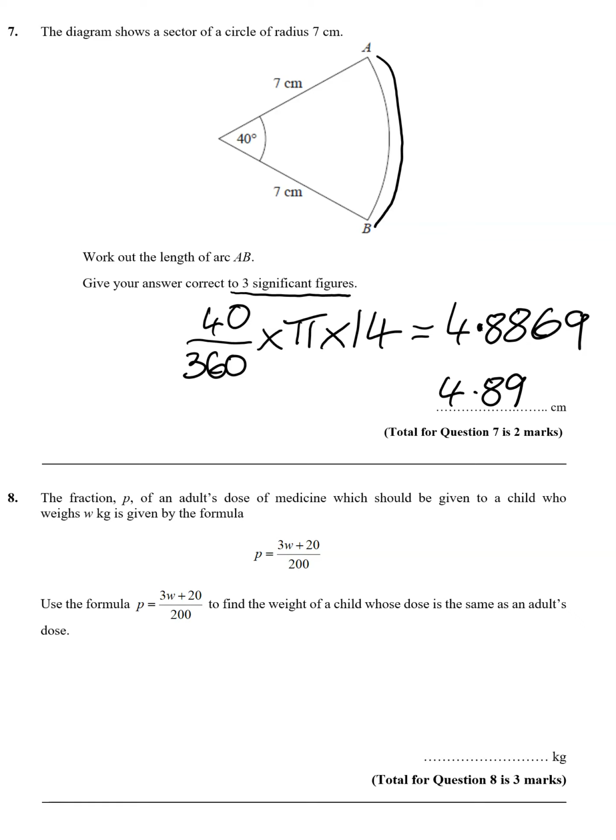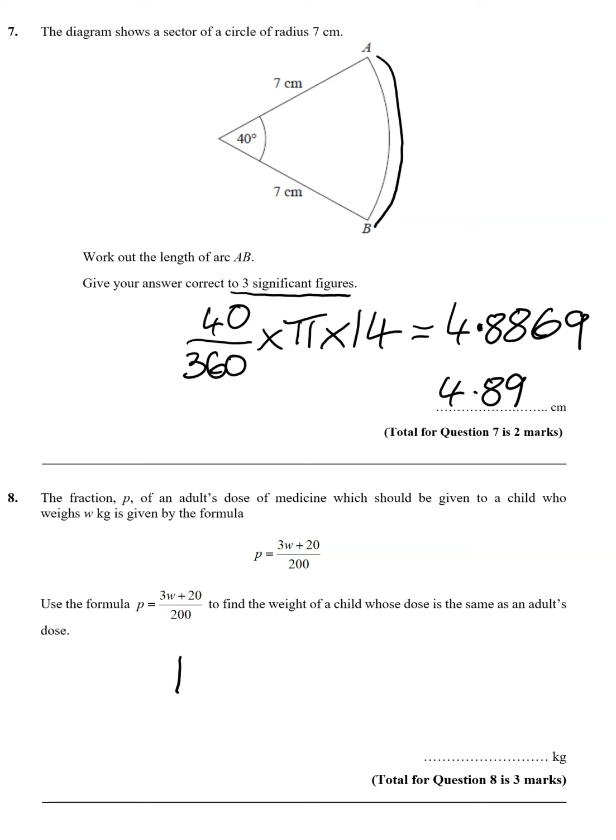Okay, the fraction P of an adult dose of medicine which should be given to a child who weighs W kilograms is given by the formula. Okay, use the formula P, etc. to find the weight of a child whose dose is the same as an adult's. Well, if it's the same, the fraction must be 1.